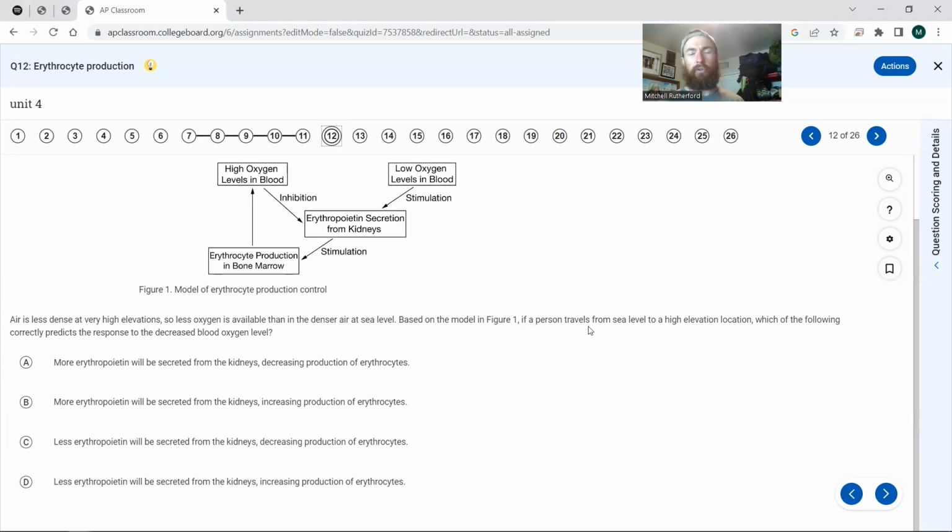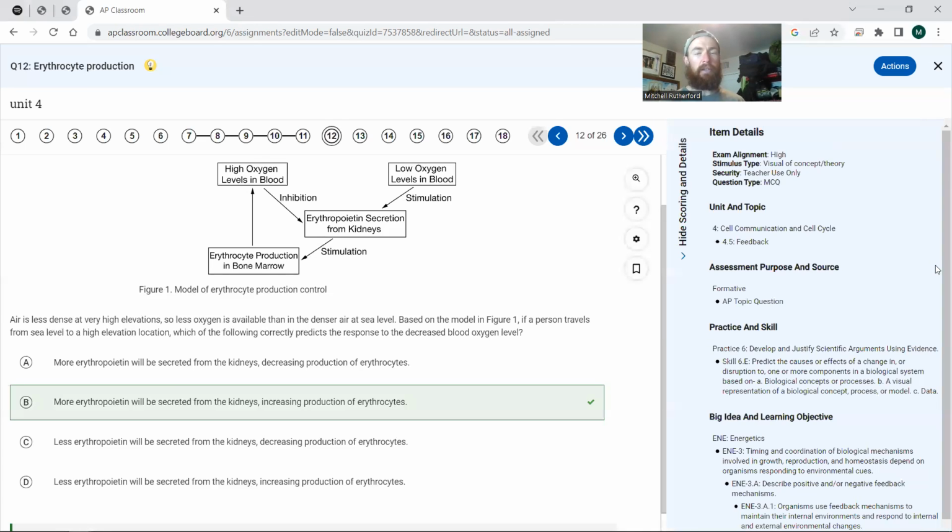This is altitude sickness and altitude training. If a person travels from sea to high elevation, that means there's low oxygen, and boom, decreased blood oxygen. So it's going to be B. I'm feeling pretty confident here, and then you've got to move on. When you're feeling the confidence and you know what's going on, this is my specialty, I study this stuff, so I just go with that.